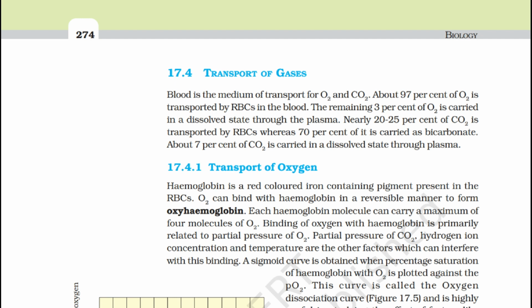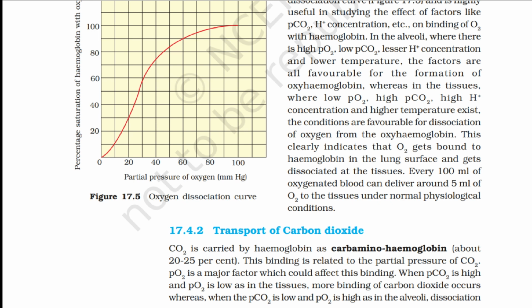A sigmoid curve is obtained when percentage saturation of hemoglobin with O2 is plotted against the PO2. This curve is called the oxygen dissociation curve and is highly useful in studying the effect of factors like PCO2, H+ concentration, etc., on binding of O2 with hemoglobin.